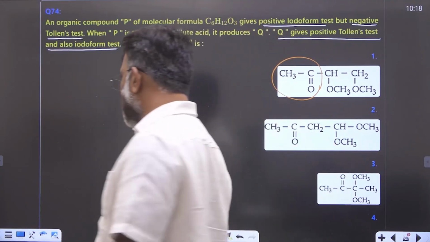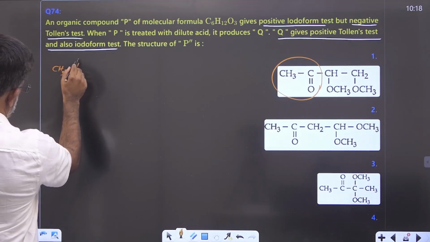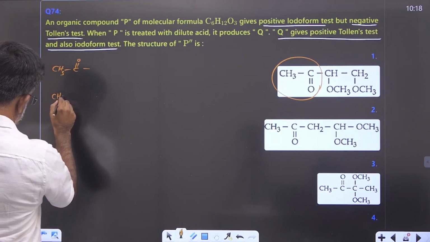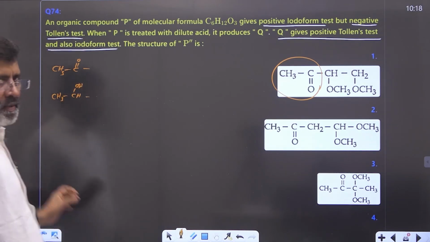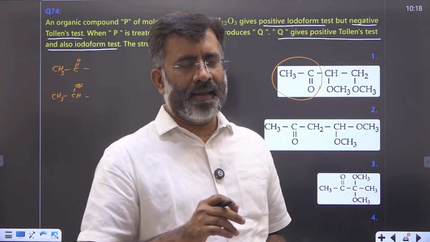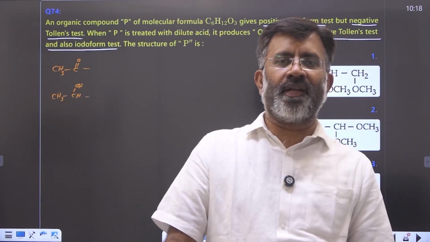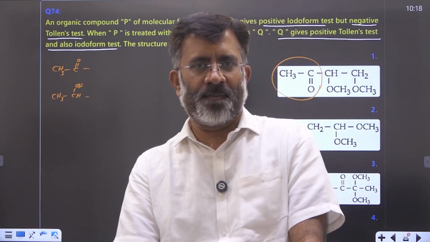So a molecule which contains a CH3CO group, that is the methyl keto group, or a CH3CHOH group, that is the methyl carbinol group, which is not directly an acid derivative. So acids and derivatives will not give this reaction, right?